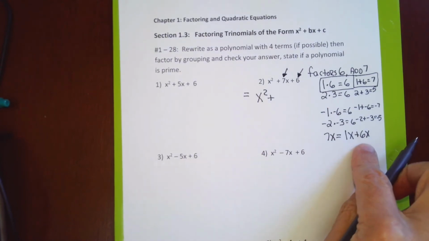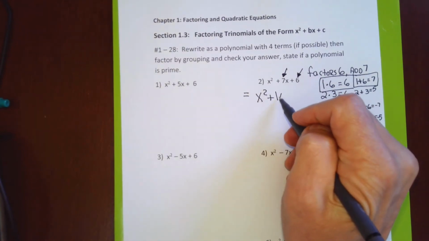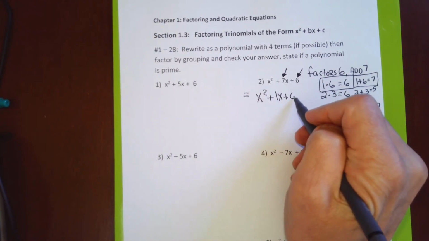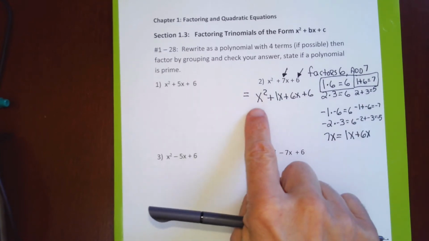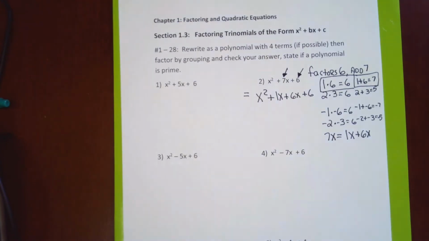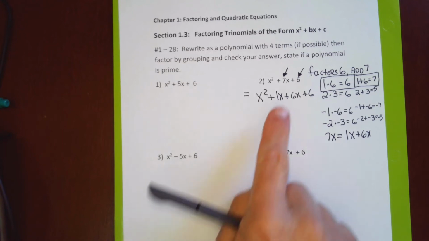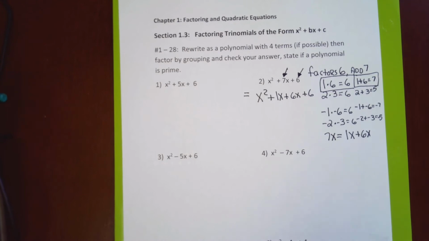I could do 6x plus 1x, it doesn't matter. So this is equal to the line above it, because if I simplified by adding the 1x and the 6x, I'd get the 7x. After I rewrite the problem with 4 terms, I've turned a problem that I don't know how to factor into something that I know how to factor, because when I have 4 terms, I can factor by grouping.